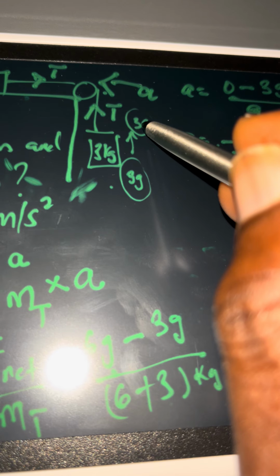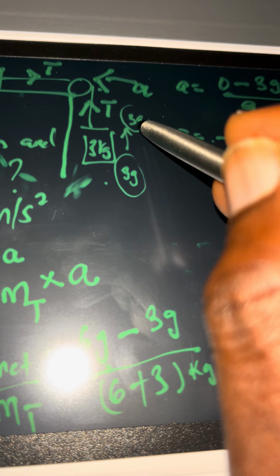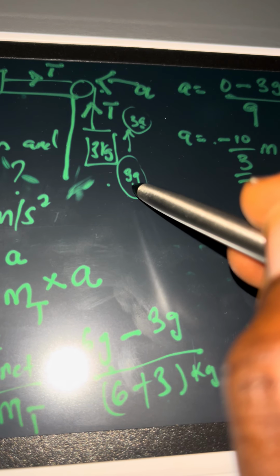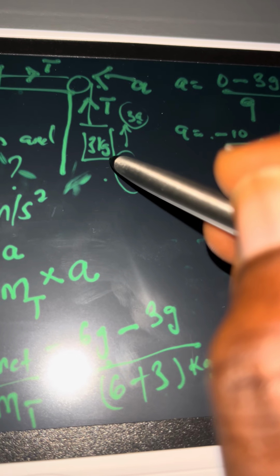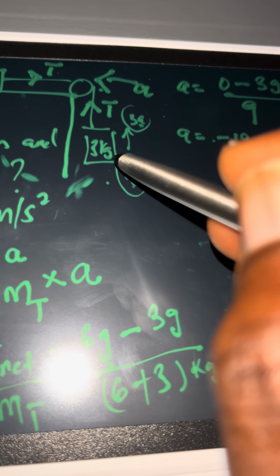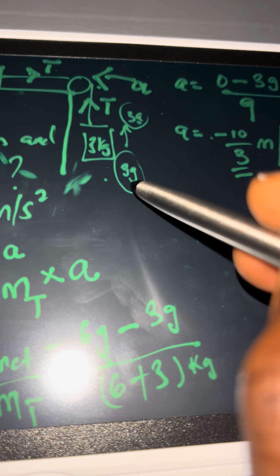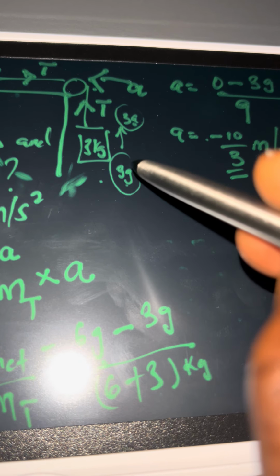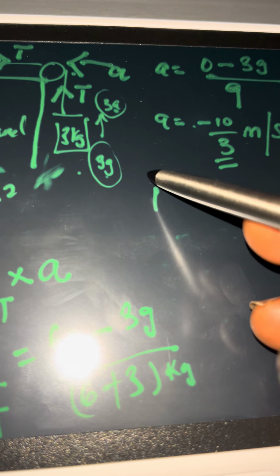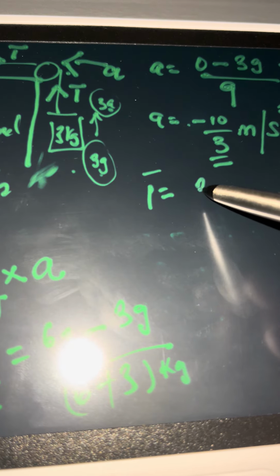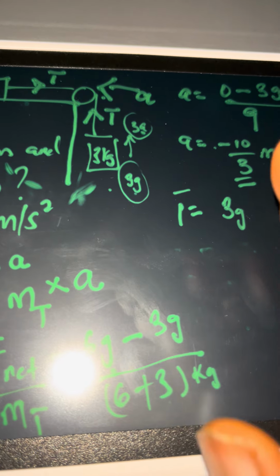The weight force, the force of gravity acting on 3 kg, is 3g. So since it's moving upward, we are going to have T equals 3g.